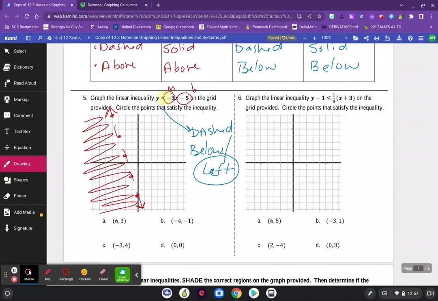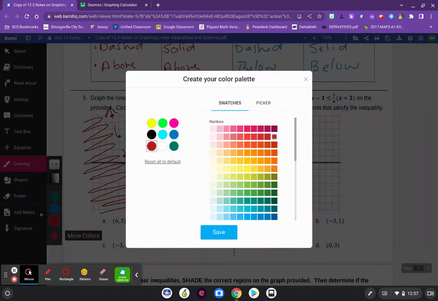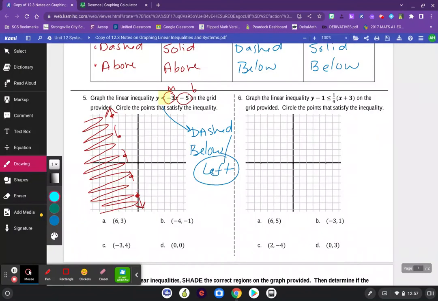It says circle the points that satisfy the inequality. And what that means is I'm going to circle the points that would fit in that shaded region. So here, the point (6, 3) is right here. That is not in my shaded area. That would not make this statement true.